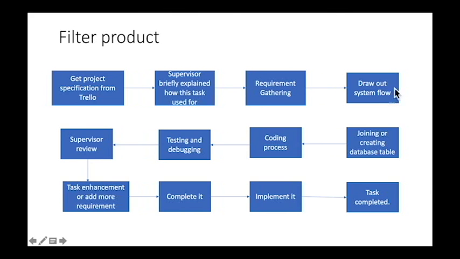After that, I will draw out a system flow explaining how this system should work. And after that, I will join or create a new database table for storing or getting the data. After that, I will move to the coding process.